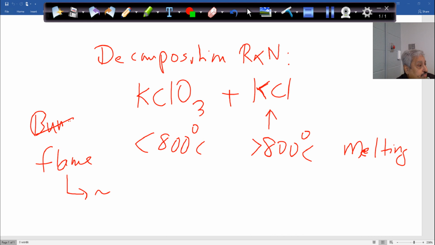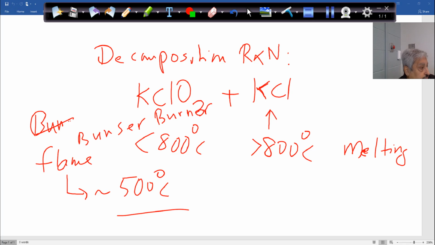What do you think the flame from a Bunsen burner is? About 500 degrees, and your methane gas, when you burn it, is about 500.